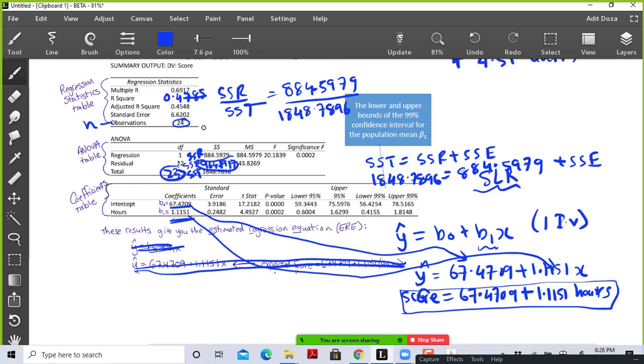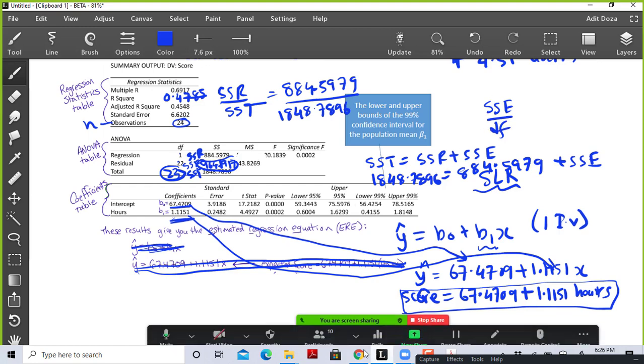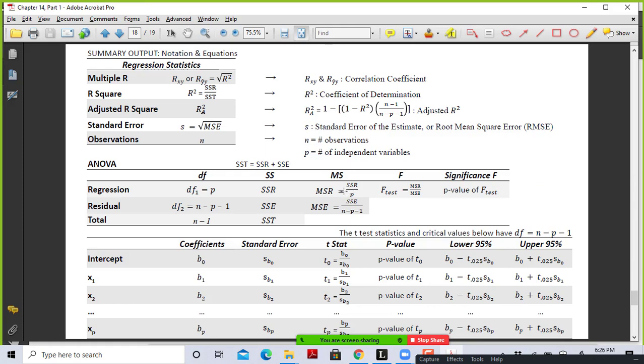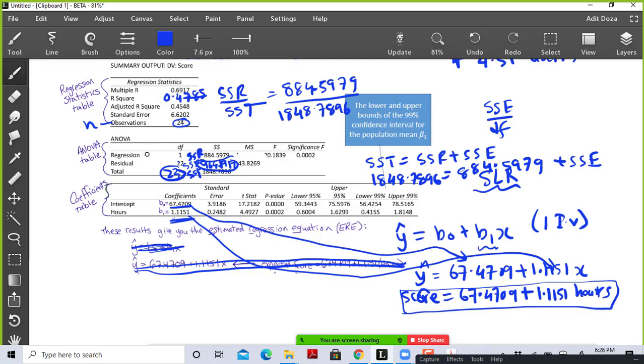Okay. And let's say I don't give you this one. What is the mean square error formula? The mean square error is SSE over degrees of freedom. If you go to that formula sheet, the degree of freedom of the regression is p, so SSR over the degree of freedom of the regression is 1.